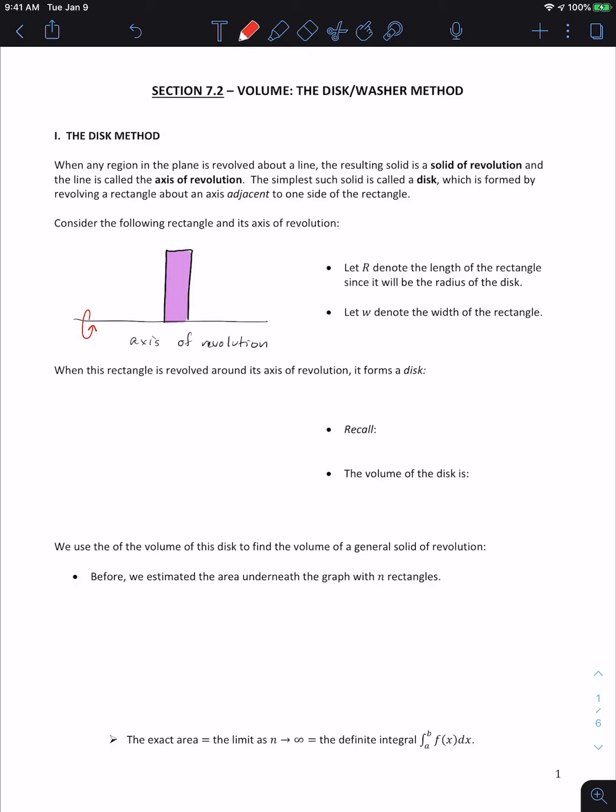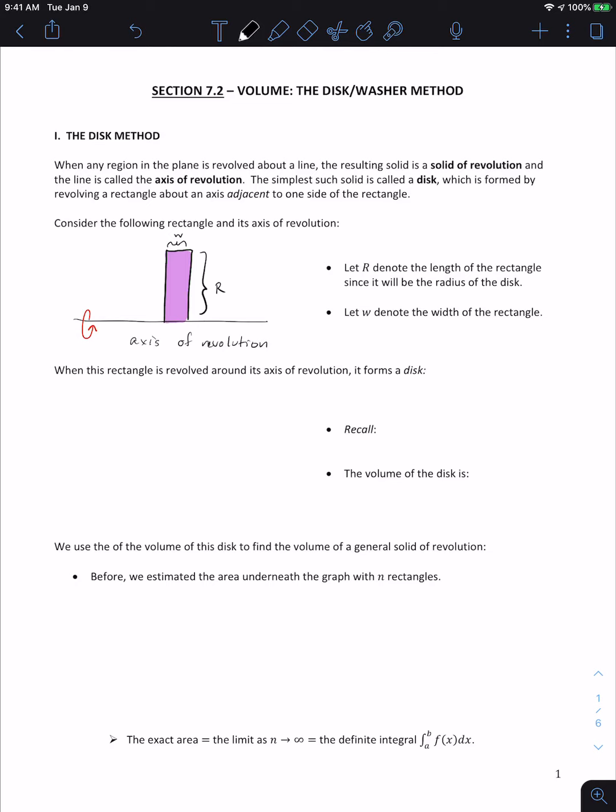You can imagine taking that rectangle, wrapping it outside of the paper and back into the paper, and creating a disk. We're going to label the height of this rectangle as r, because when I revolve it around the axis of revolution, that becomes the radius of my disk. And the width of the rectangle, we're going to denote by W.